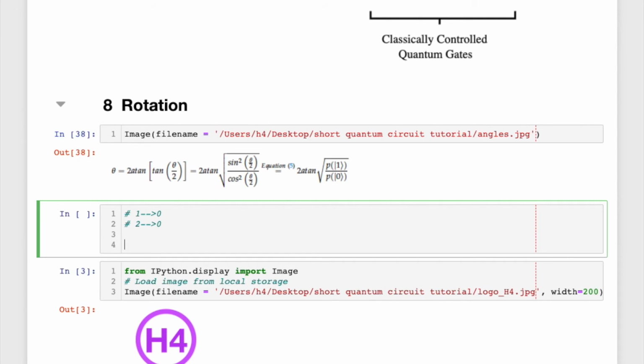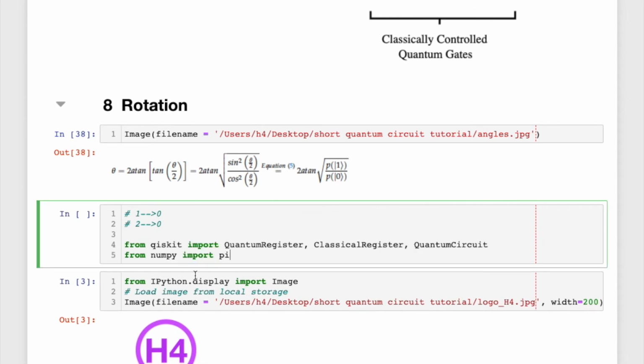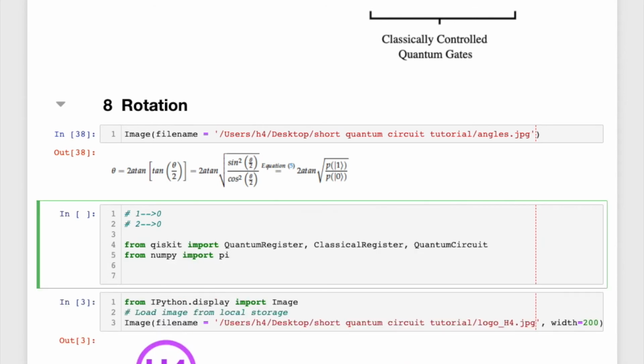Well, I will go step by step. So the first thing is the packages. Then we need a quantum register. We need a quantum circuit with 4 qubits.